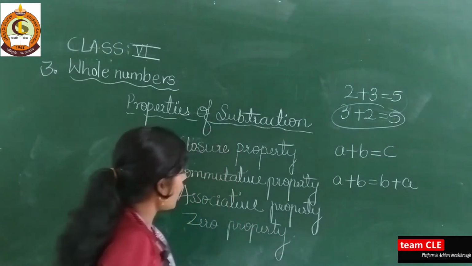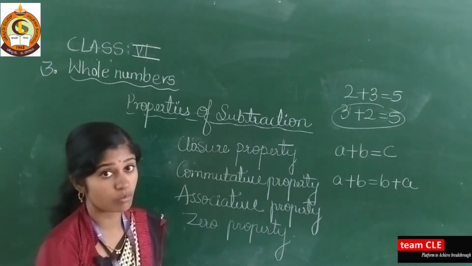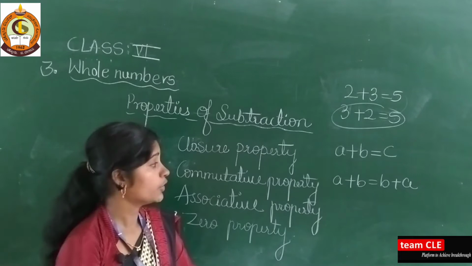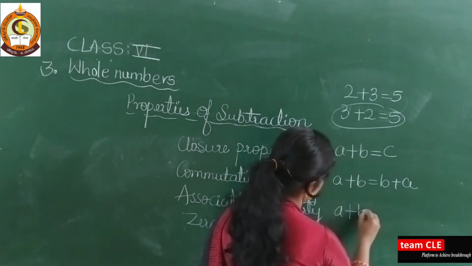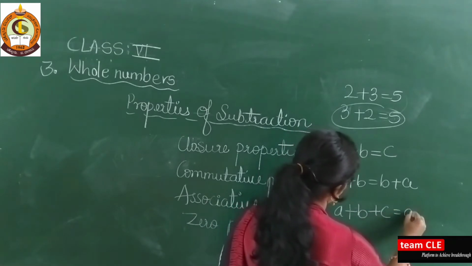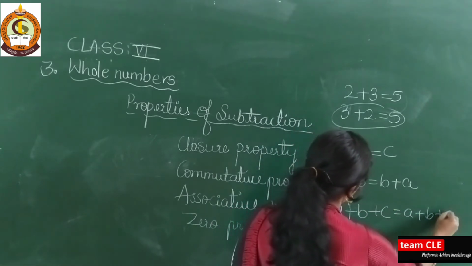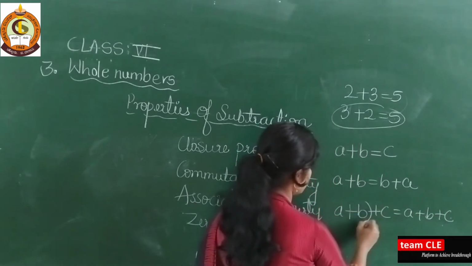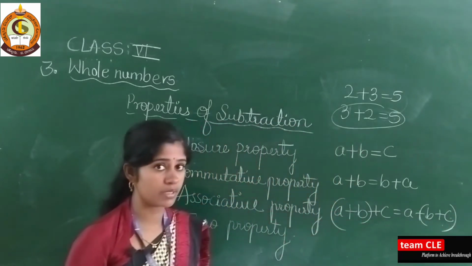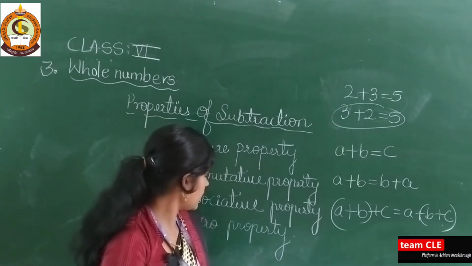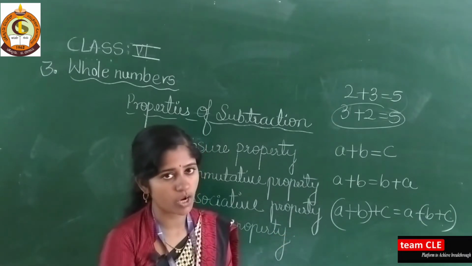Next here, associative property is there. Then what is this associative property? You take any 3 numbers. I will take here A plus B plus C is equal to A plus B plus C. So you make this group, next you make this group. You take any 3 numbers, add and see here, the sum will not change.